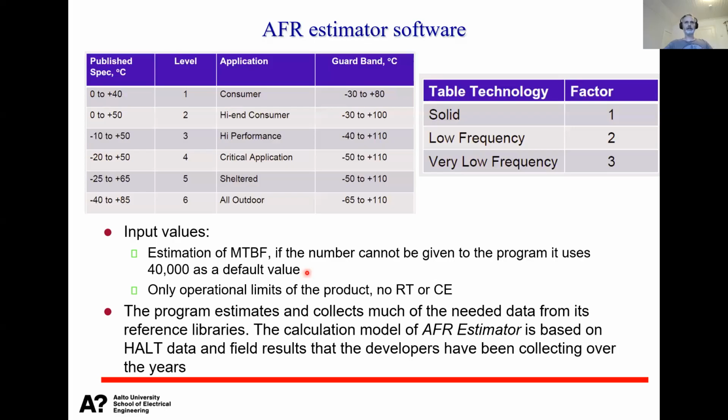But on the other hand, the value of this software is that it has quite a large reference library. Because this kind of equipment has been sold for several decades, this company has collected data from their customers: which kind of test data the customers have obtained, and what kind of field data they have reached.